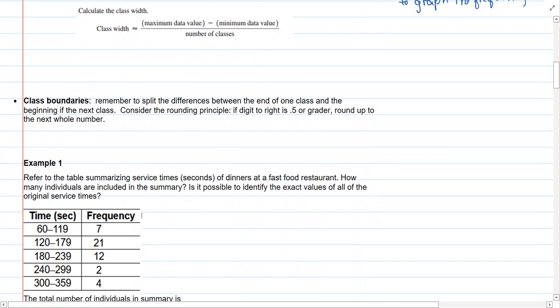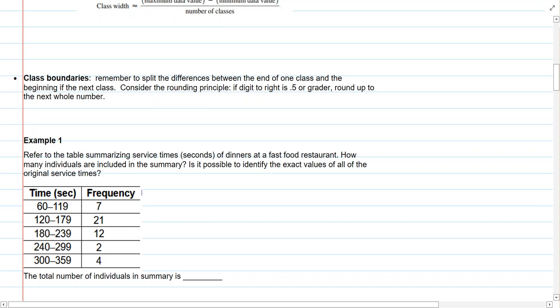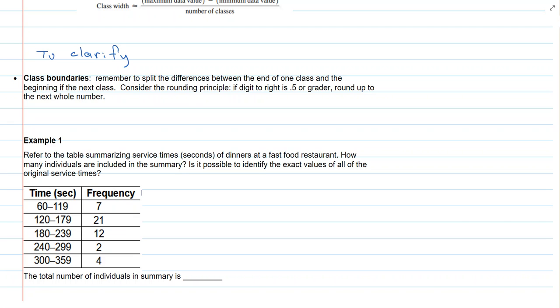Now here's what I wrote to clarify. When I looked at my notes and I was getting ready to discuss it, I wanted to make sure to clarify class boundaries. Remember to split the difference between the end of one class and the beginning of the next class. And that is, you consider the rounding principle.